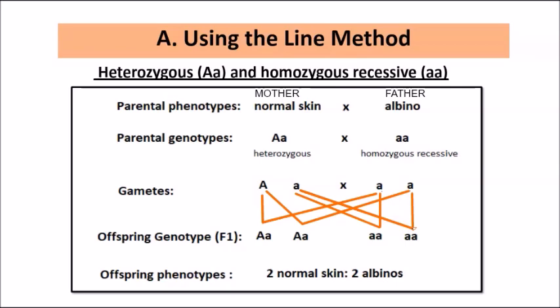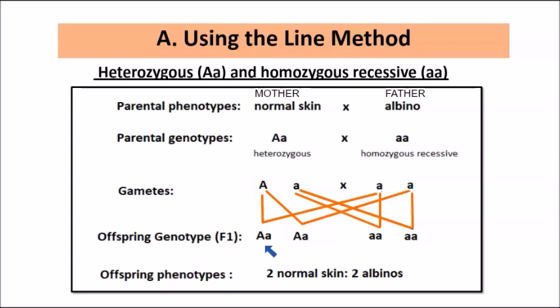Basically in this particular genetic cross, you're seeing a normal skin mother who is heterozygous for that normal skin, and a homozygous recessive father who is albino. Out of 4 children, you're working out the probability.